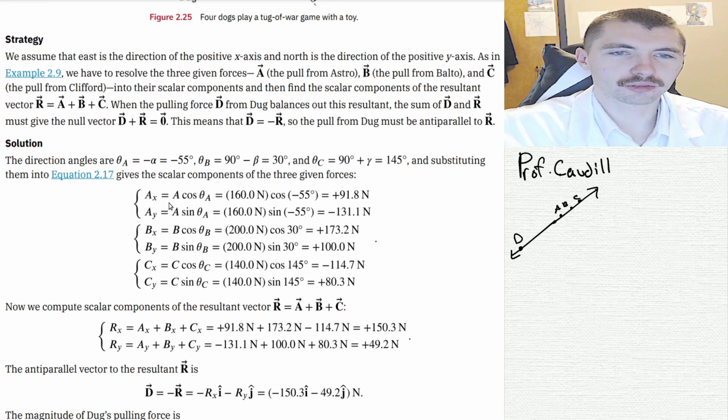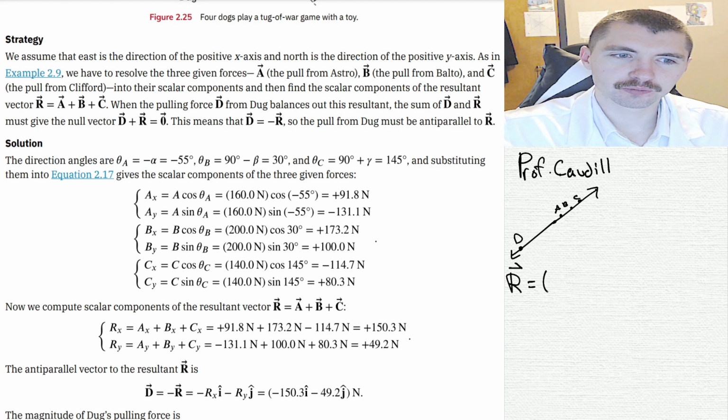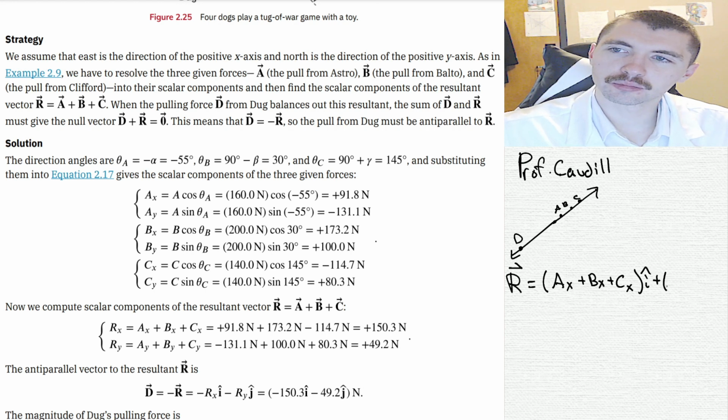So let's see what's important here. We're trying to find R, and that is the components: AX plus BX plus CX I hat, plus the J hat components.